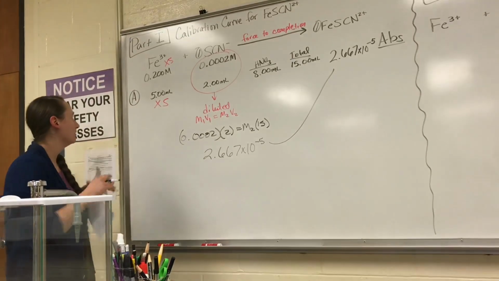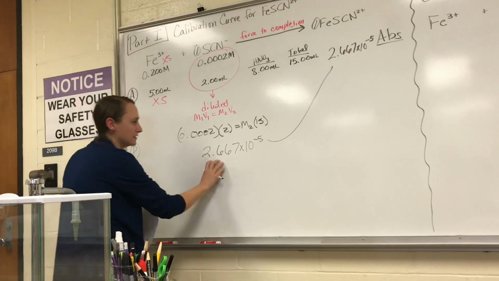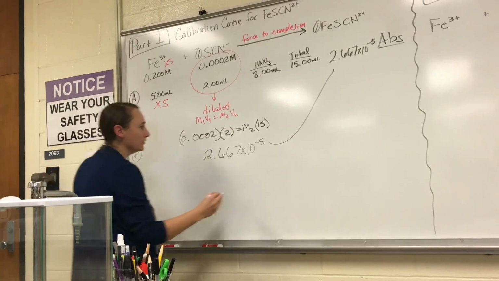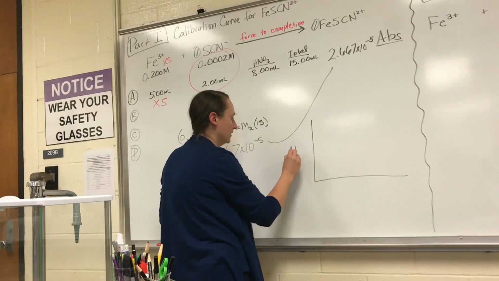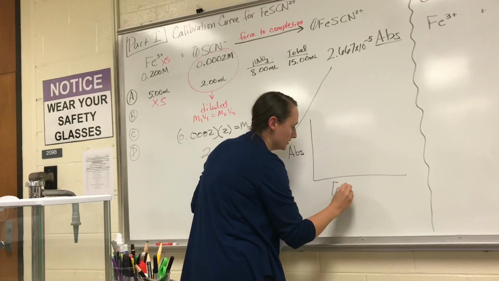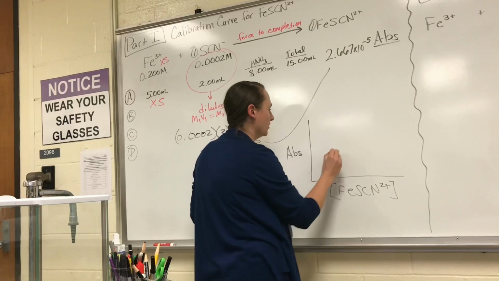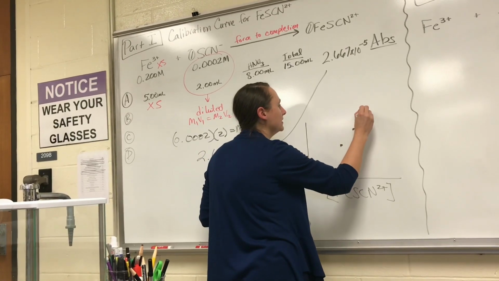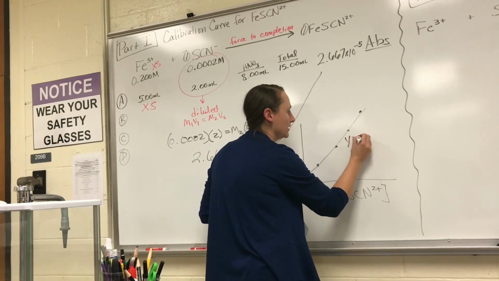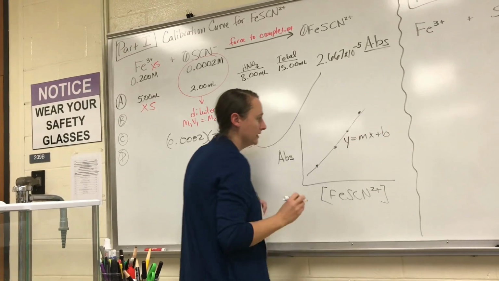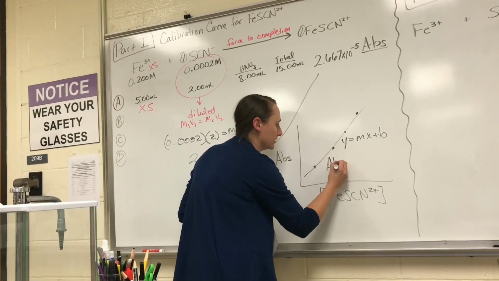Once you do this for all 4 of the solutions where this number varies, you can create your calibration curve by graphing absorbance versus concentration of the iron thiocyanate. And hopefully it is seen to be a linear relationship where you will determine the equation of the line. Now, if I go ahead and plug in what x and y are, it's an equation that will look like this.